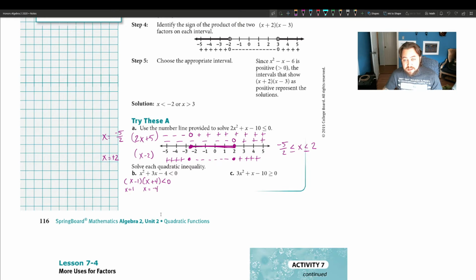So the big question is, is this a conjunction or a disjunction? And if we graph it out, let's see if I can make a number line here and have it not look completely hideous. 1, 2, 3, 1, 2, 3, 4. Negative 4 and 1. These are going to be open circles at negative 4 and 1.